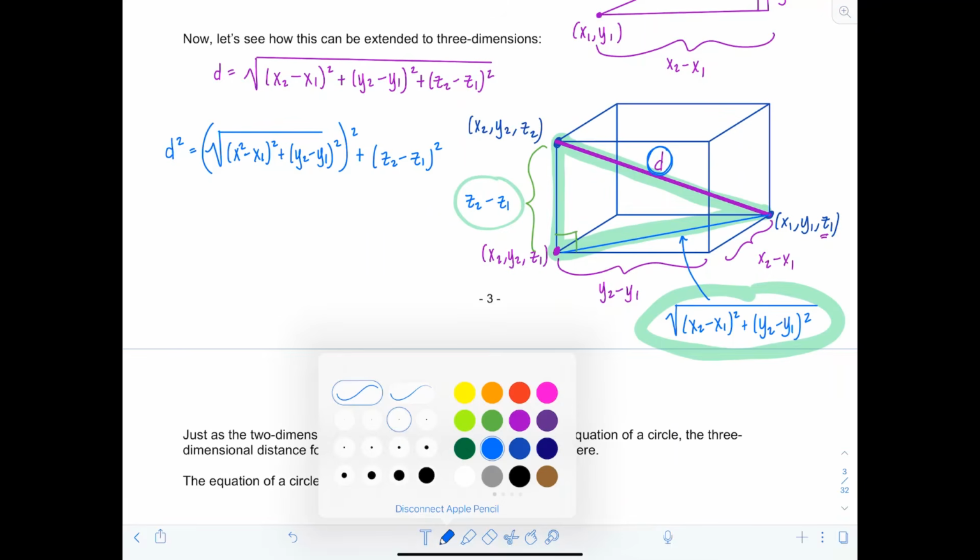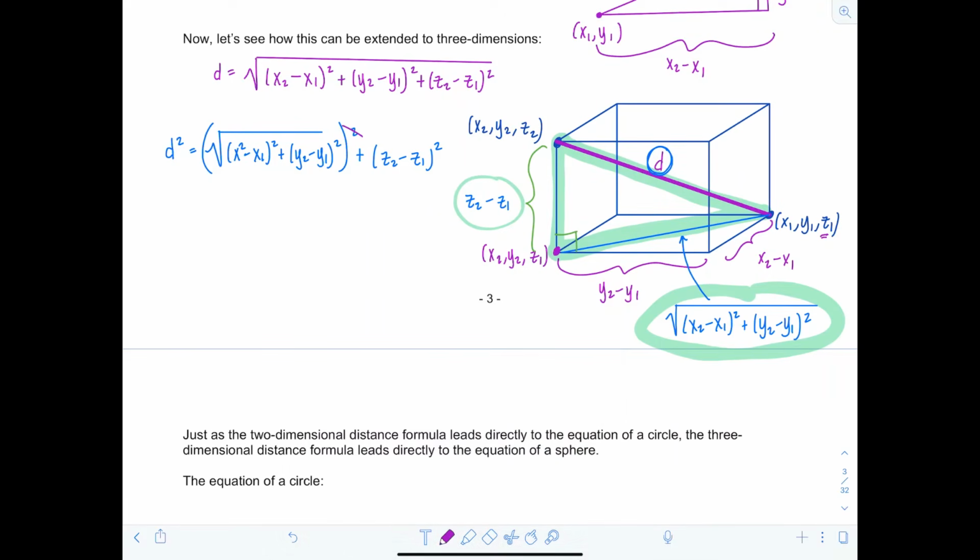And then now you can see, okay, this is going to cancel with my square root, and then if I want the distance by itself, then it's going to be the square root of what I have up above, which we all guessed to begin with, x2 minus x1 squared plus y2 minus y1 squared plus z2 minus z1 squared. Okay, very nice.